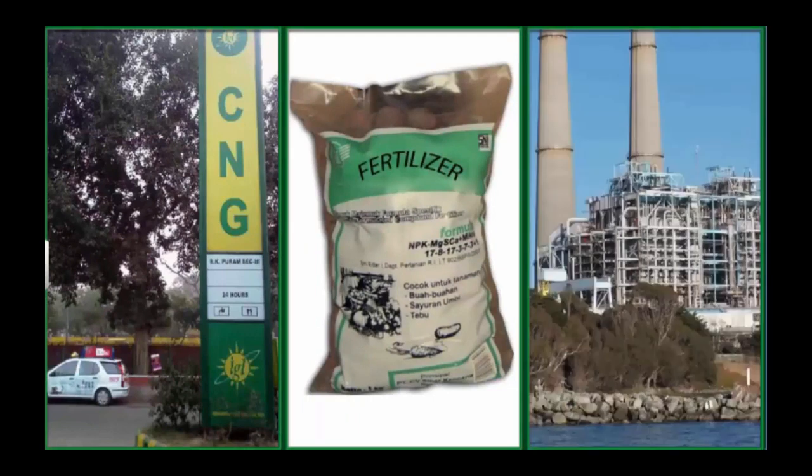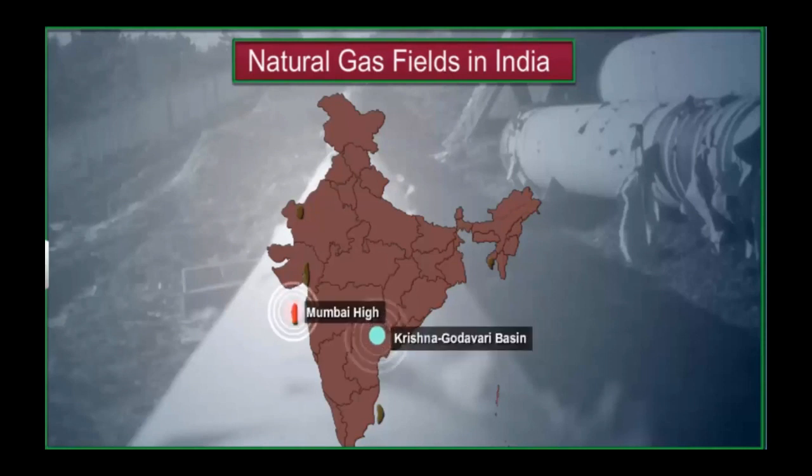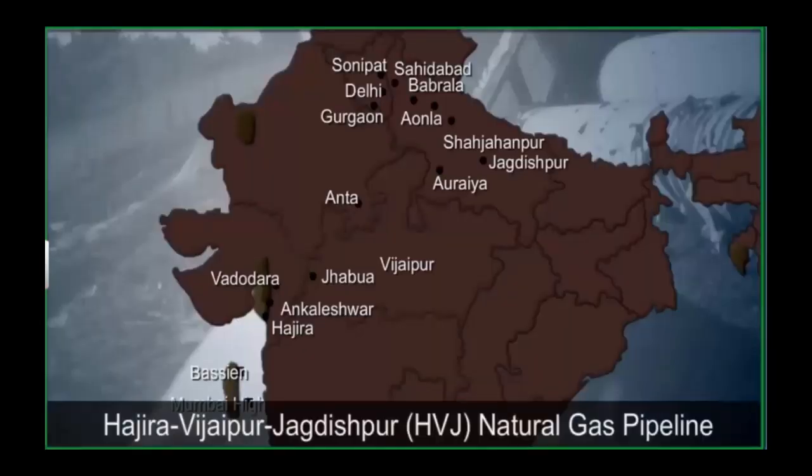In India, large deposits of natural gas have been found in the Krishna-Godavari basin, Mumbai High and the Gulf of Cambay. The Andaman and Nicobar Islands also hold important reserves of natural gas. Power plants and fertilizer plants are the main consumers of natural gas.